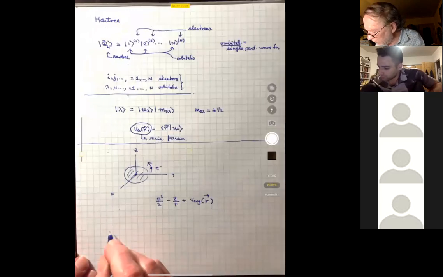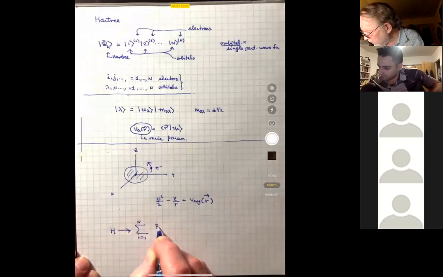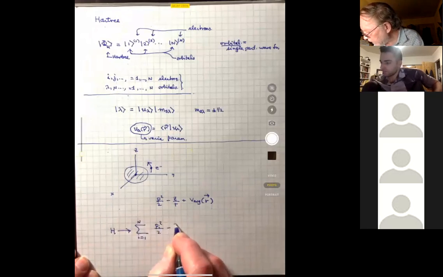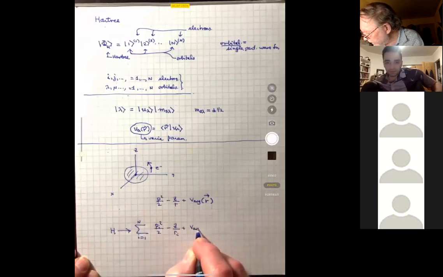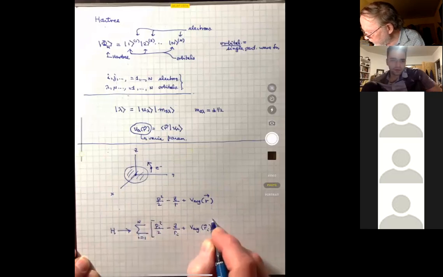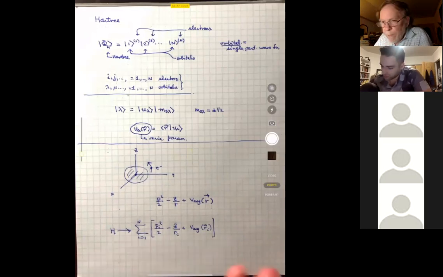Effectively, we're going to replace this by another Hamiltonian, which is the sum, i equals 1 to n, of p_i squared over 2 minus z over r_i plus V average of r_i. In other words, now it becomes a sum of single particle terms. The two particle terms have been replaced by single particle terms. So there's some kind of approximation that does that.